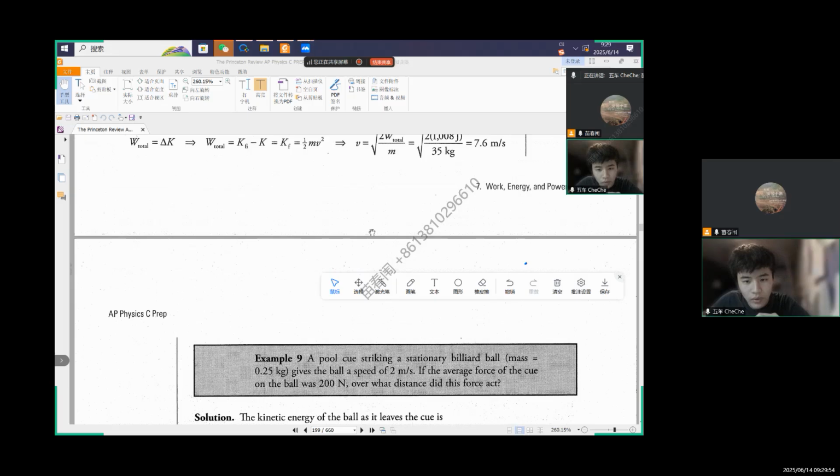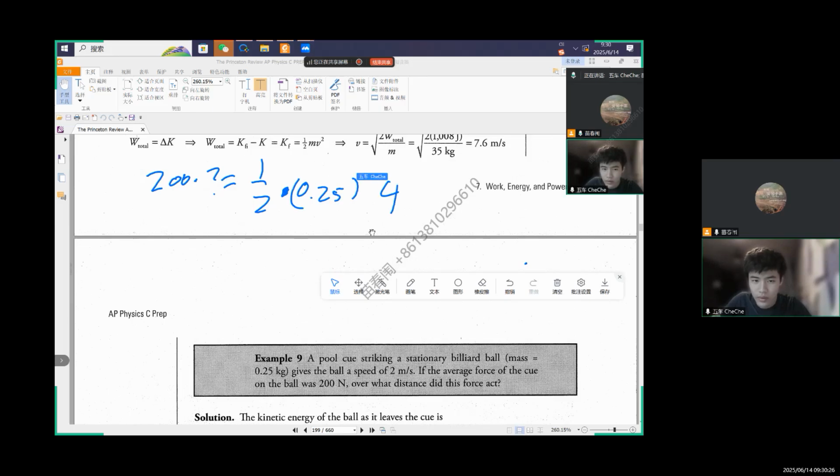The average force of the cue was... So basically it's saying 200 times what equals 1/2 times 0.25 times 4.